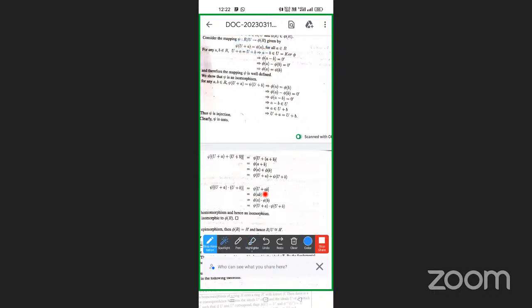So pi is a homomorphism, so we can write pi of a into pi of b. But pi of a is equal to psi of u plus a and into psi of u plus b. So this is the second condition of homomorphism. So psi is a well-defined function, one-one and onto, with the first and second conditions of homomorphism. So therefore psi is an isomorphism from R by U to pi of R. Okay, so this is the theorem.